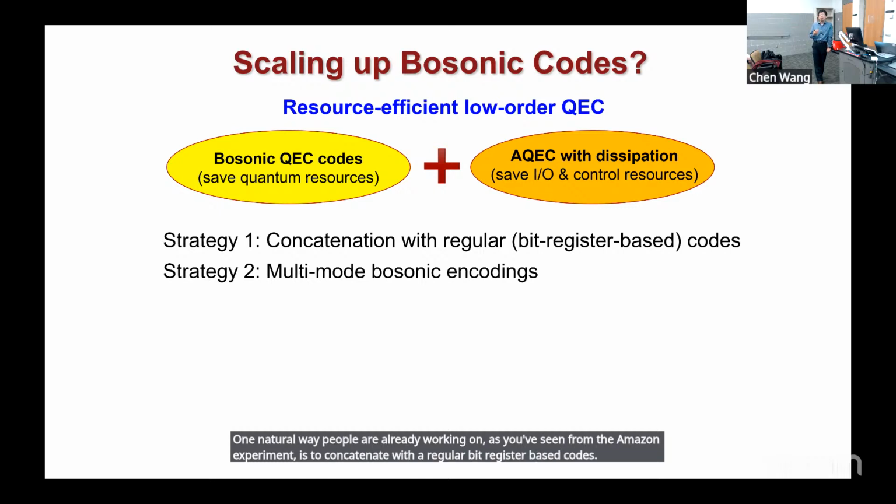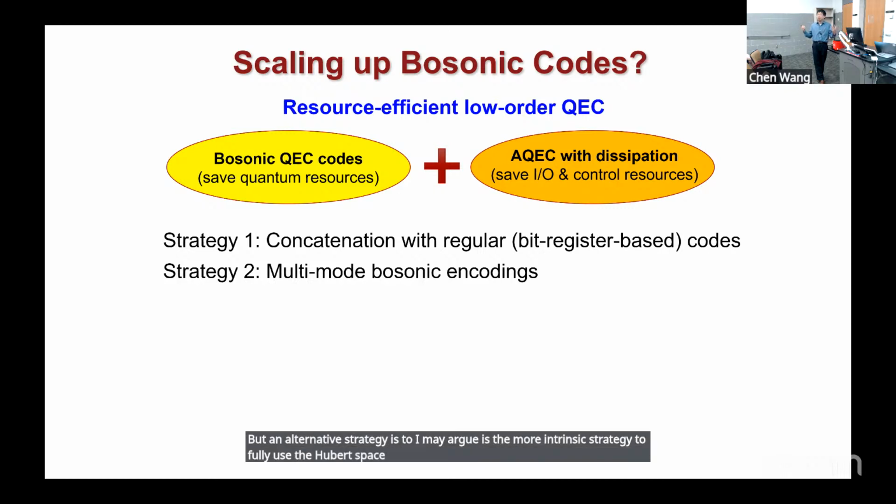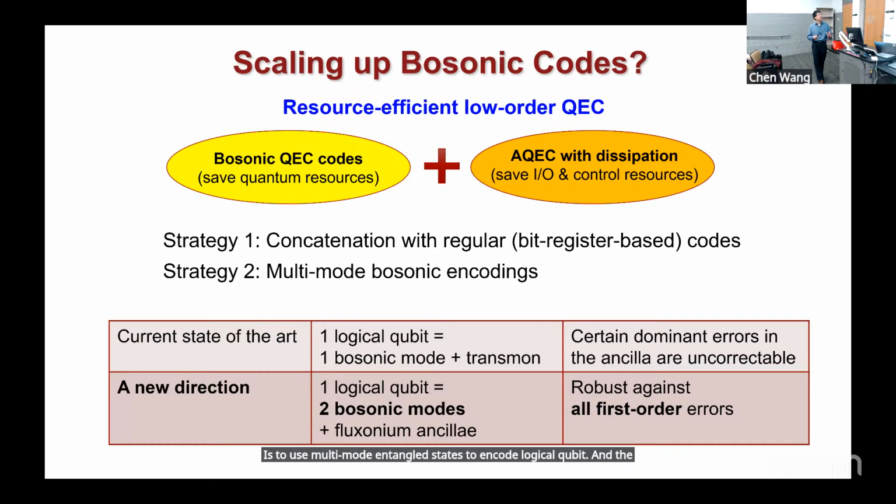But an alternative strategy, which I may argue is the more intrinsic strategy to fully use the Hilbert space of many bosonic modes, is to use multi-mode entangled states to encode a logical qubit. And the benefit is that you can be more fault tolerant, and you can correct more errors. Currently, all the experiments have done one logical qubit as one bosonic mode plus a transmon.